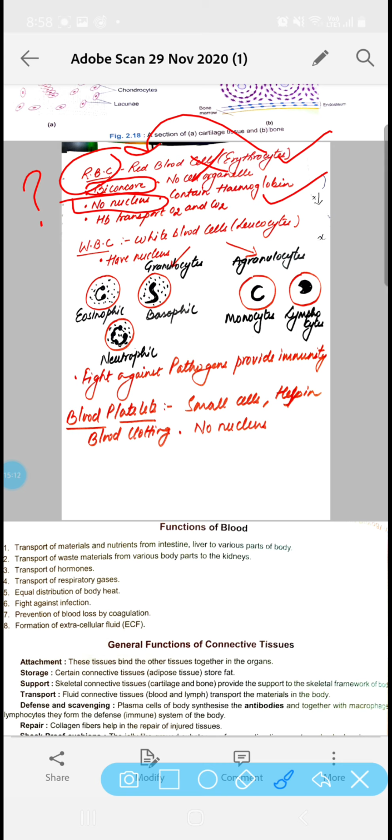And why do they not have the nucleus? Because their main function is to transport oxygen and carbon dioxide. To do their work efficiently, they don't have a nucleus. Instead, the space that was occupied by the nucleus is filled with hemoglobin.